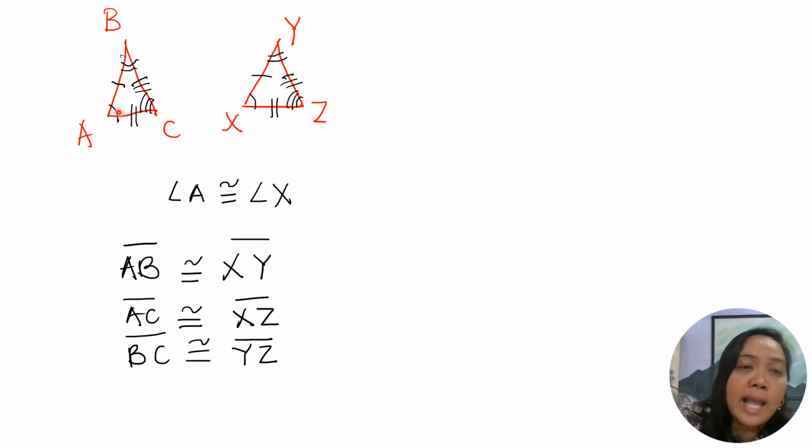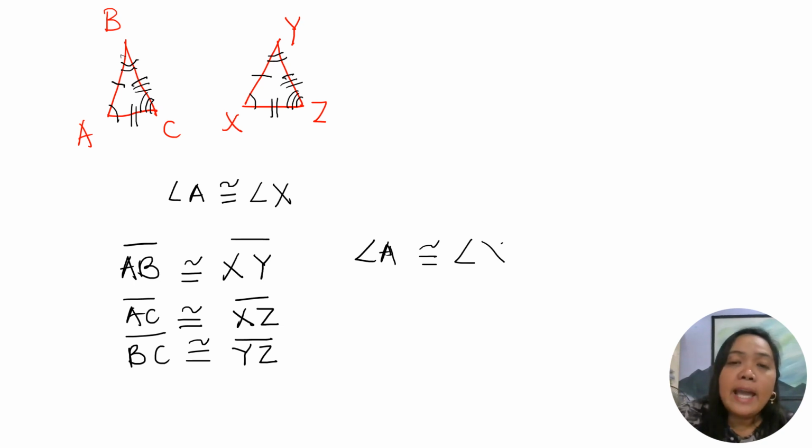What about the angles? We can also write that angle A is congruent to which angle on the other triangle? We have angle X. What about angle B, the second angle? That is also equal to the corresponding angle on the other side.